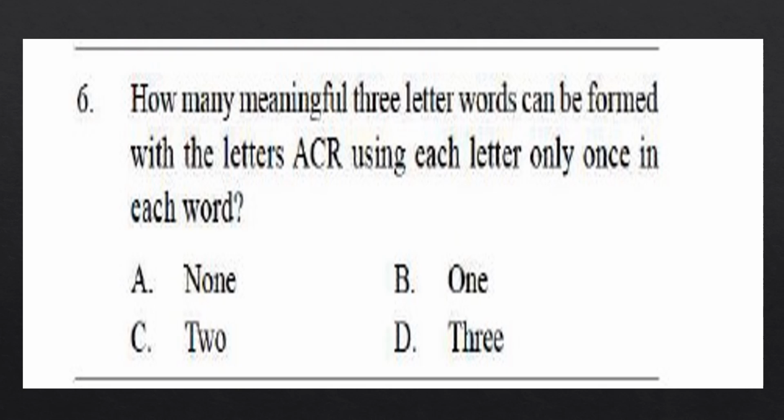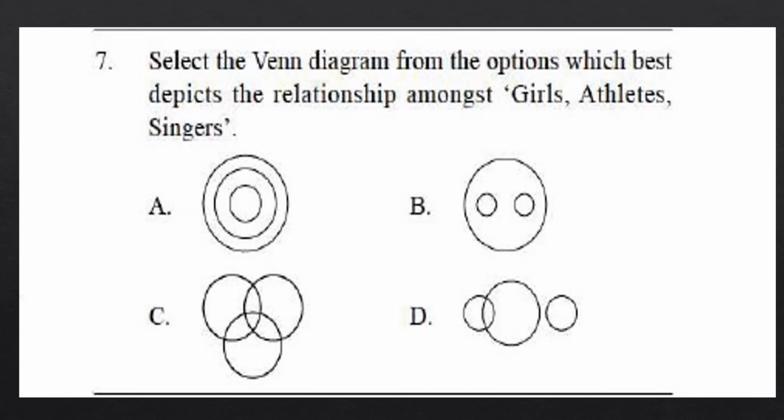So our answer is option C, 2. Question number 7. Select the Venn diagram from the options which best depicts the relationship amongst girls, athletes and singers. And our answer is option C.